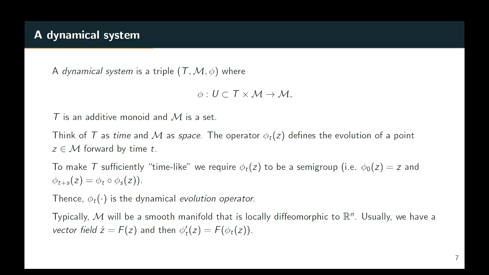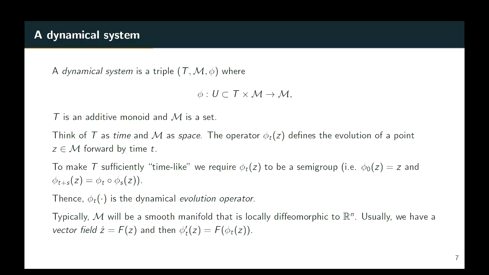Okay? So I can take my point z, and I can map it forward and backwards sometimes. Phi 0 of z, where does z go after time 0? Well, it's z. Right? Where does it go after time t plus s? Well, it's the same thing as going forward by one of them and then going forward by the other one of them as well.